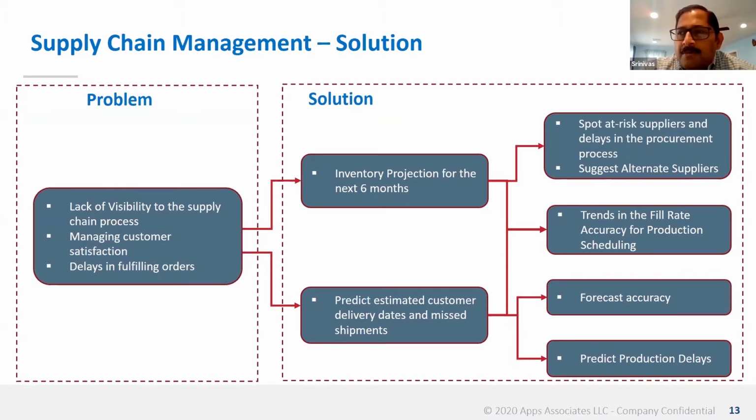And if you're looking at projections for your requisitions and open POs, and those are not meeting the needs of what you have to either ship to the customers or make, you have to identify what your risks are associated with the suppliers and what the risk is in the procurement process. Does it mean that we have to look at alternate suppliers as part of this process?